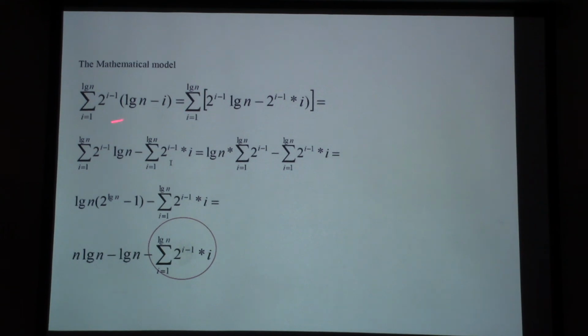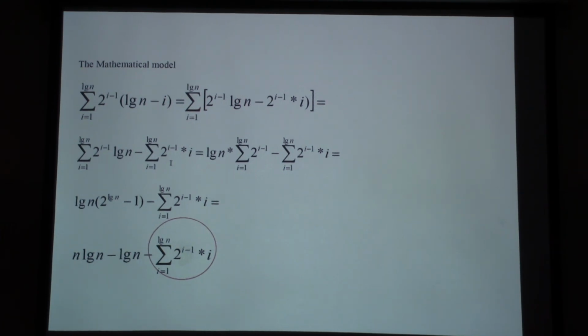So this is the sum we have to solve, which is nothing more than the sum of 2^(i-1) times (lg n minus i). So we can split this into two summations. This summation is just the product of this times this, so it gives us two terms, which means we have a difference of the summation of this minus the summation of that.